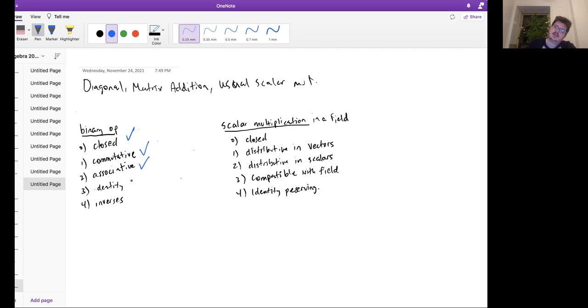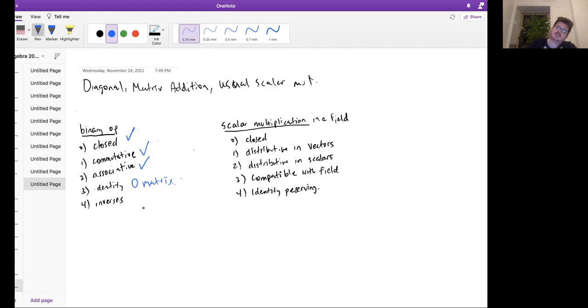The zero matrix, yeah. And what are the inverses? Remember, this is the additive inverse.